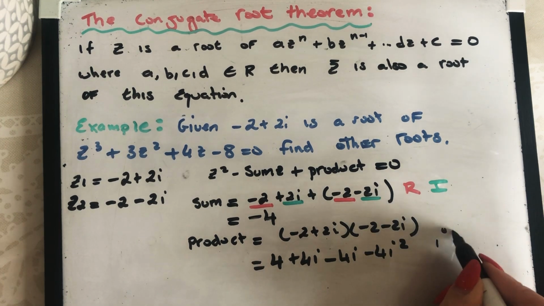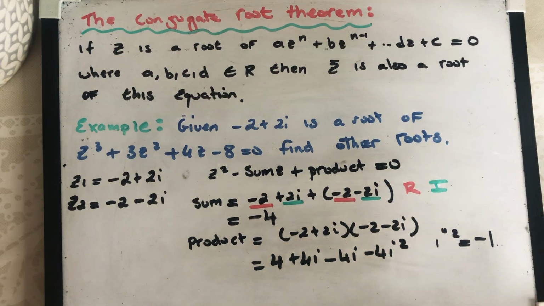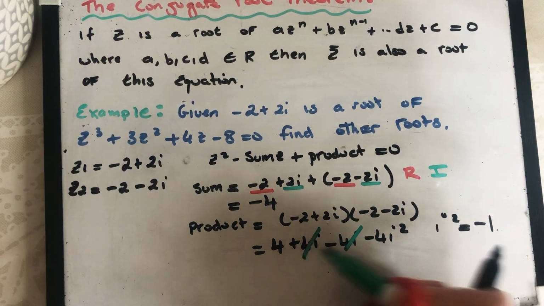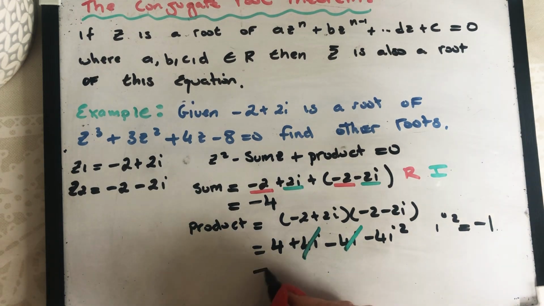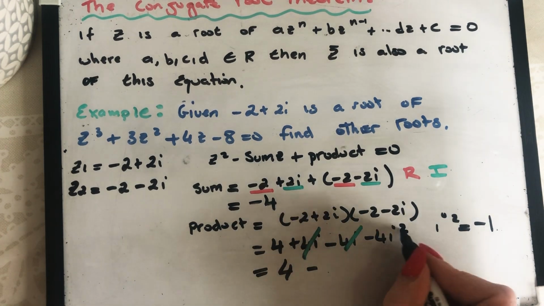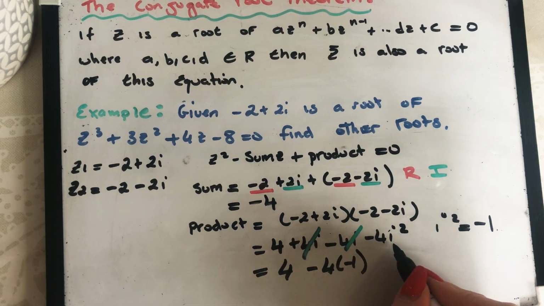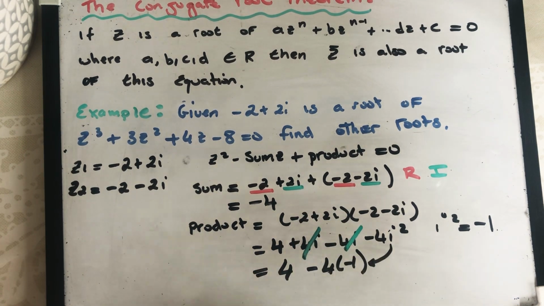Don't forget that i squared is equal to negative 1, and you're told that in the exam paper. You can see that the 2 4i's cancel out, and we're left with 4. Now don't forget the negative, so let's replace the i squared with minus 1. This goes to a plus, so we get 8.